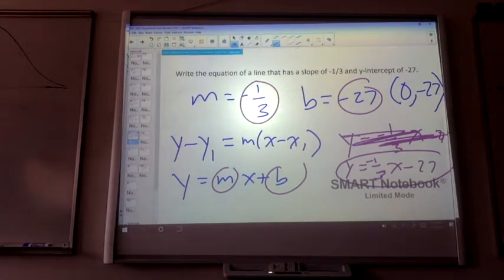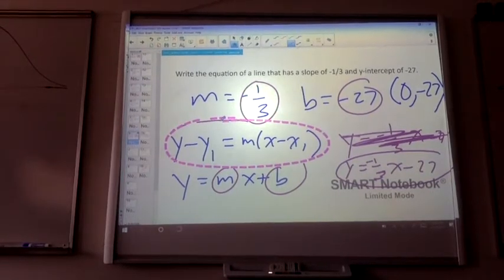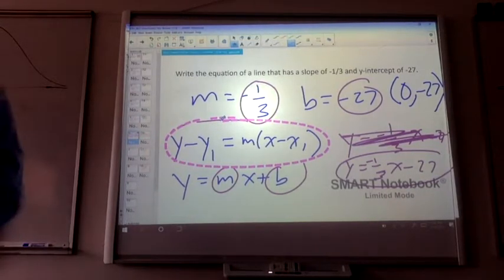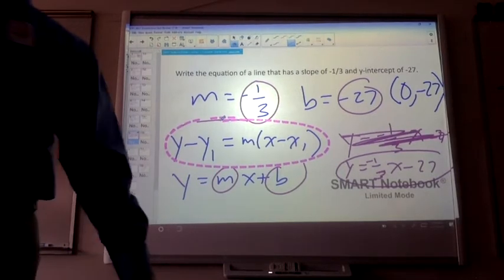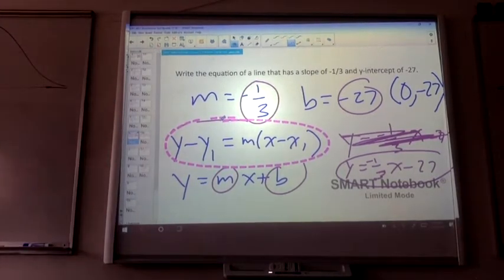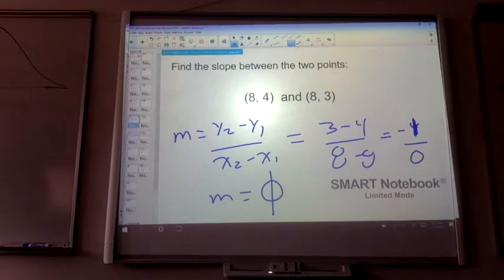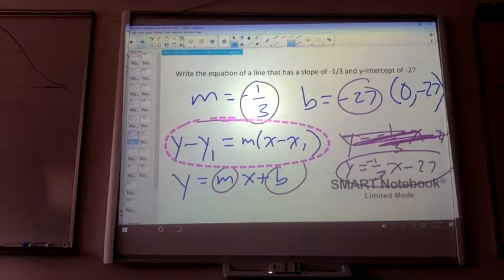Hey, real quick, before you guys can look up here. What does this equation kind of look like that I don't always give you? Let me go back a slide. Does this and this kind of look the same?